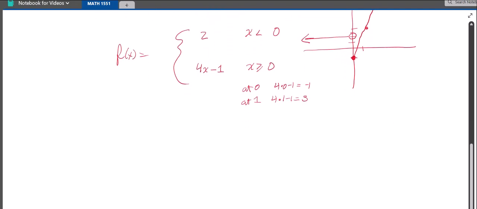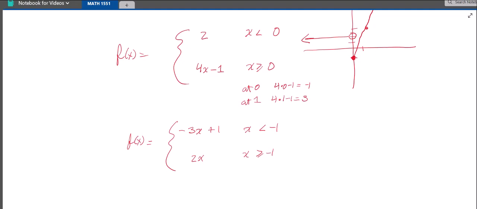And then just one more example. Let's say I had f of x equals negative 3x plus 1 for x less than negative 1, and 2x for x greater than or equal to negative 1. Okay, so these are both lines. Notice this line has a negative slope because the coefficient of x is negative.